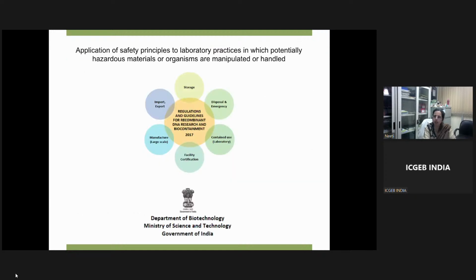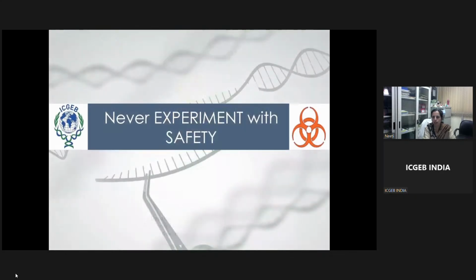So, having said that, details on what needs to be done in the facility, what should be the facility guidelines or the design strategy, everything for us is mentioned in this laboratory manual, the guidebook, which has been efficiently compiled by DBT and the RCGM, and this is the book to fall upon in case of any queries or any uncertainties that may arise.